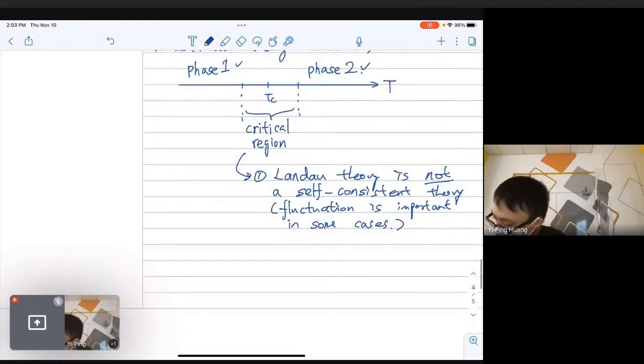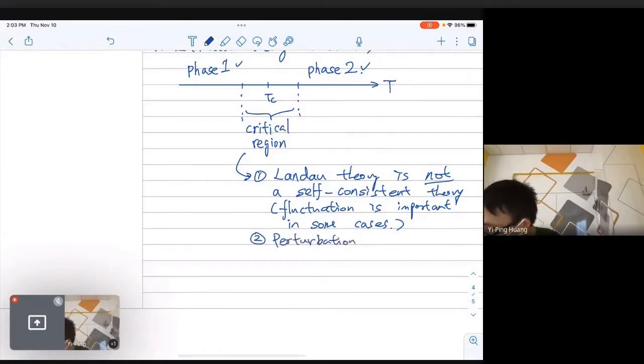And as I mentioned at the beginning of the lecture, perturbation theory fails below a certain critical dimension DC.